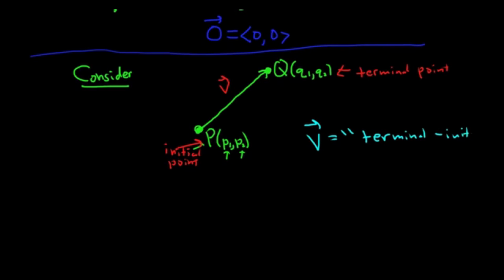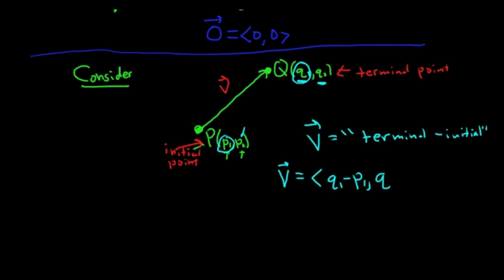You can always do that every single time, all day long. Terminal minus initial, terminal minus initial. So more formally, to find the vector v, you take the terminal, so Q1 minus P1, so you subtract the first components, and then you subtract the second components, so Q2 minus P2.